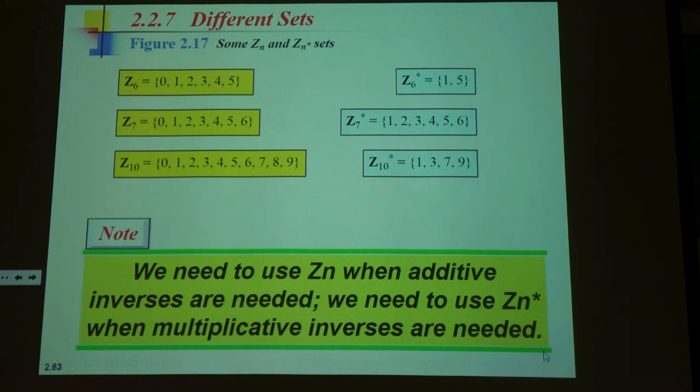Z6 in additive has the whole set, because every digit has an inverse. But in the asterisk set, it is only the numbers inside Z6 that have a multiplicative inverse.